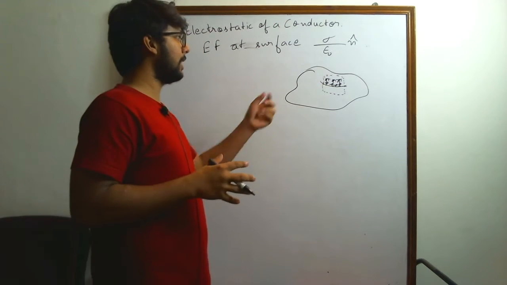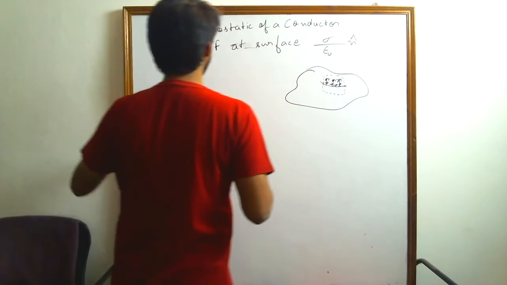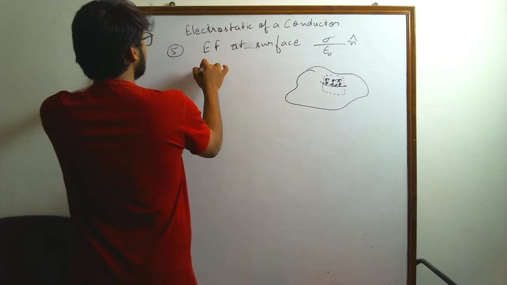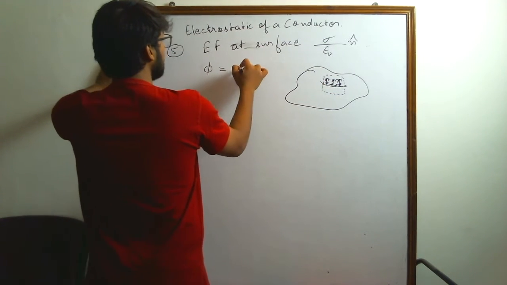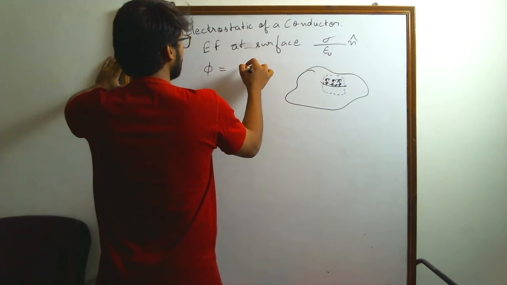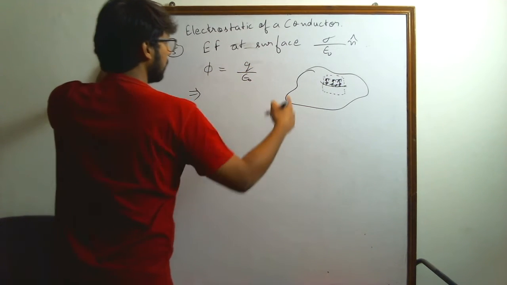That means the electric field in that area is perpendicular to the surface, and that is our assumption. So now by Gauss law, flux is equal to charge upon epsilon naught. So I am going to use Gauss law here.